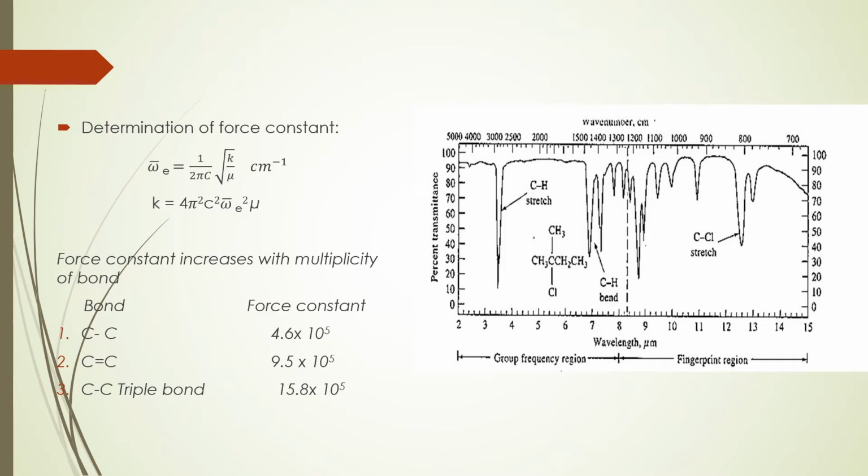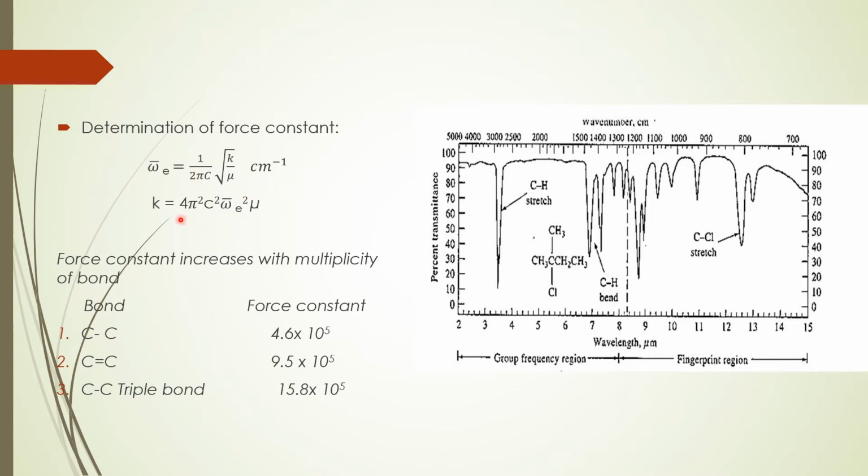IR spectroscopy helps in qualitative analysis of a sample. At the same time, it also helps in determination of force constant. As we all know, the frequency of an anharmonic oscillator is 1 by 2 pi c square root of k by mu, in per centimeter units.